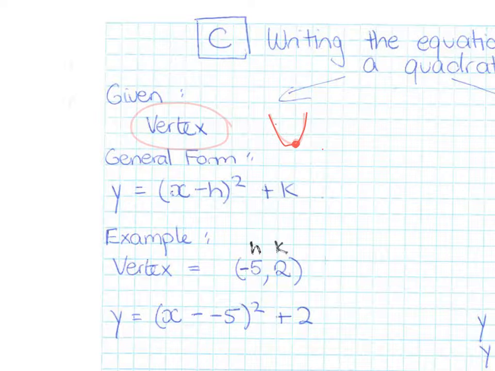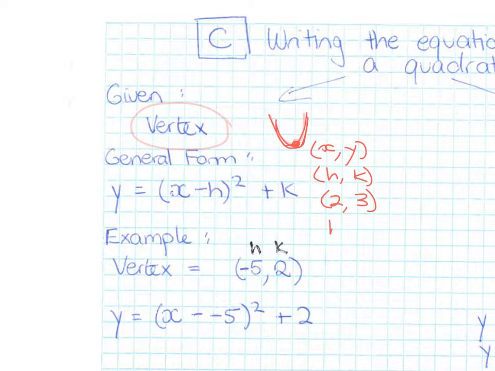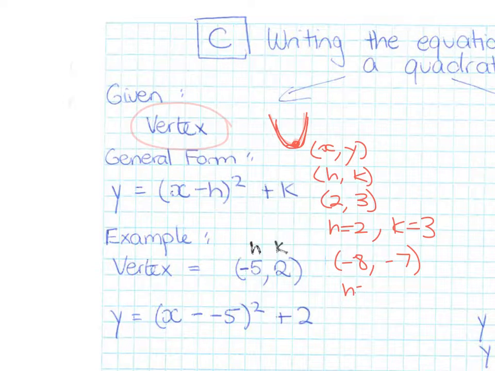And we call the coordinates of that point, you know how we normally call the coordinates of a point x and y, in this case, we call it h and k. So for example, if you had the point 2, 3, h would equal 2 and k would equal 3. If you had the point -8, -7, h would equal -8, k would equal -7.